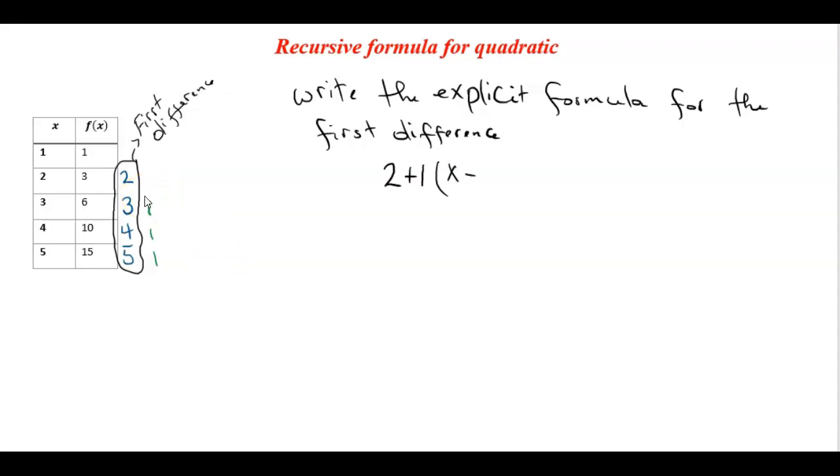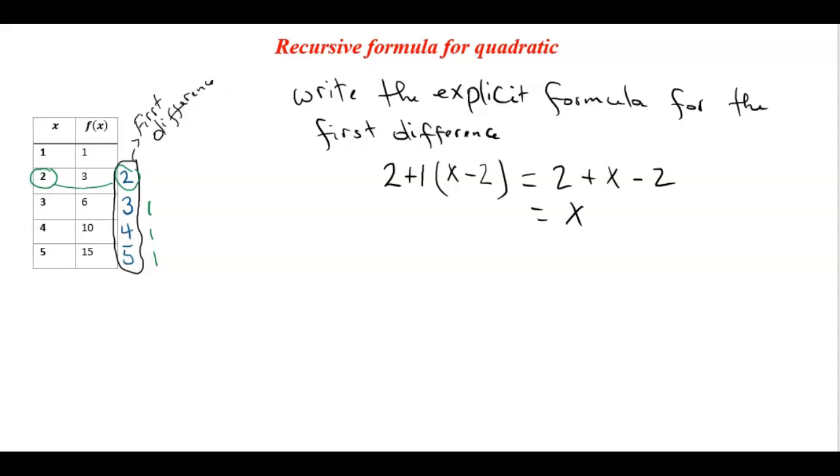Now notice this 2 right here is connected with the second term. So that means it's going to be the second term. So x minus 2. So we're going to simplify that. So we got 2 plus x minus 2, and 2 minus 2 is 0, so that's just gonna be x.